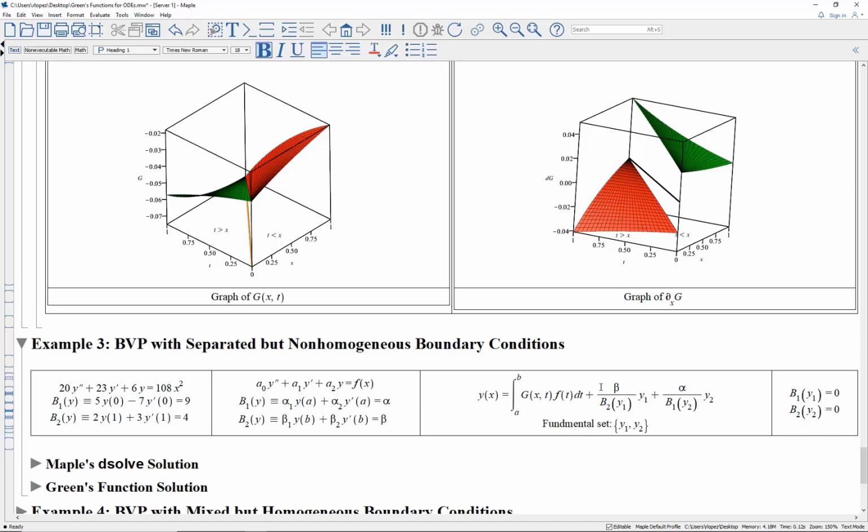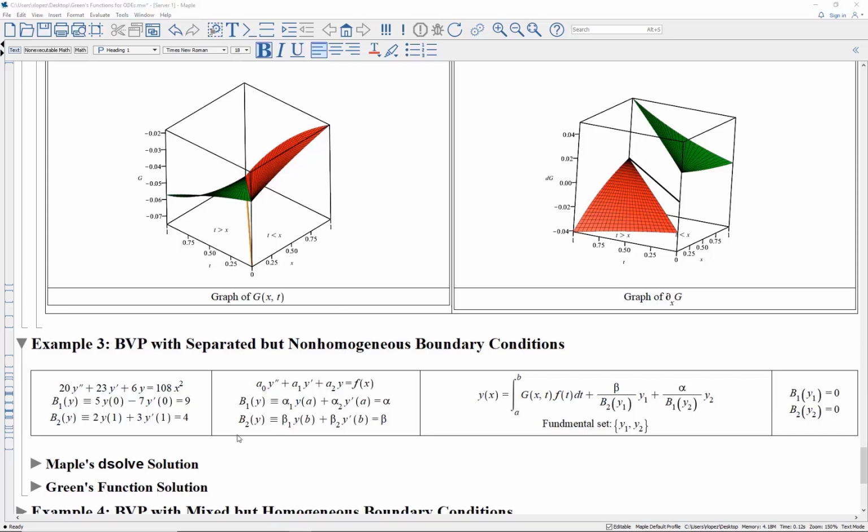And what you do is you add on this little chunk to the solution of the problem with homogeneous boundary conditions. And again, y1 satisfies b1 y1 equals 0, which satisfies the left boundary condition, and y2 satisfies the right boundary condition.